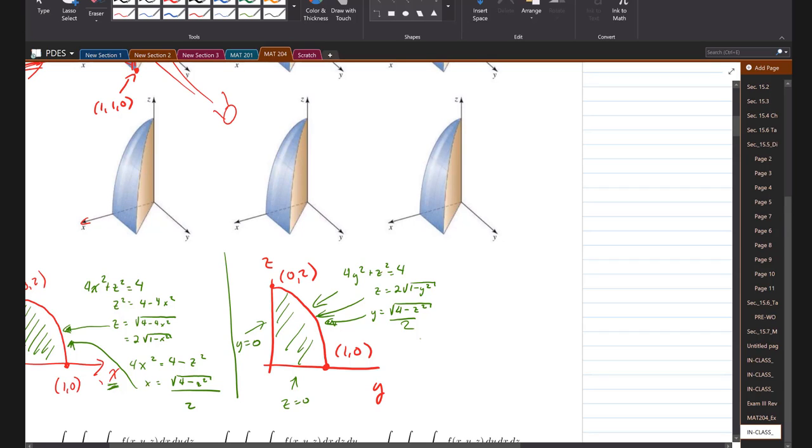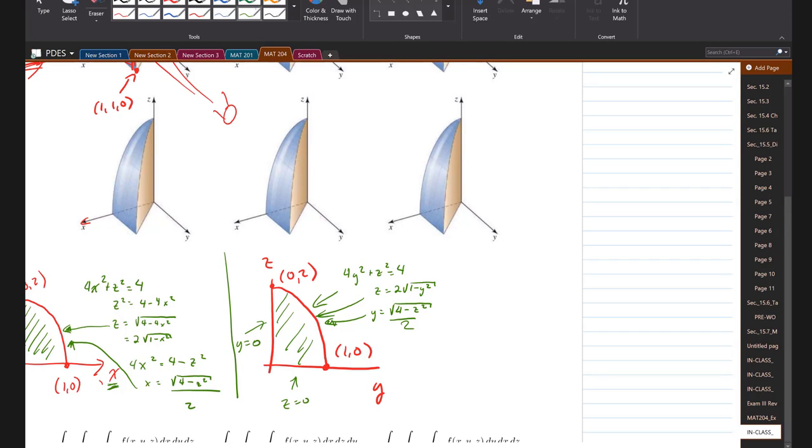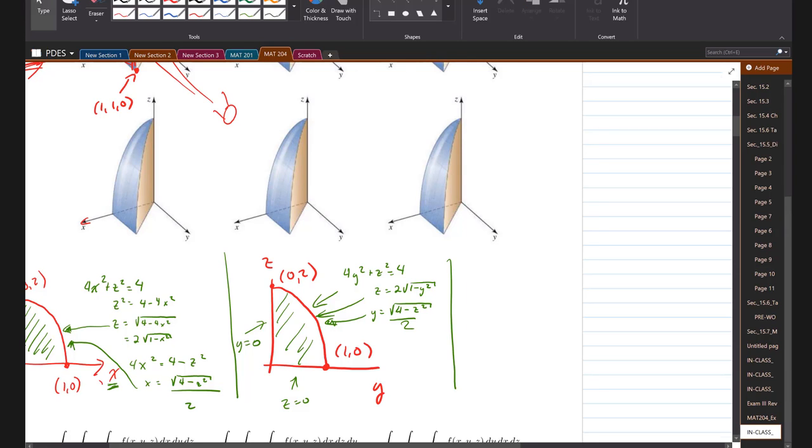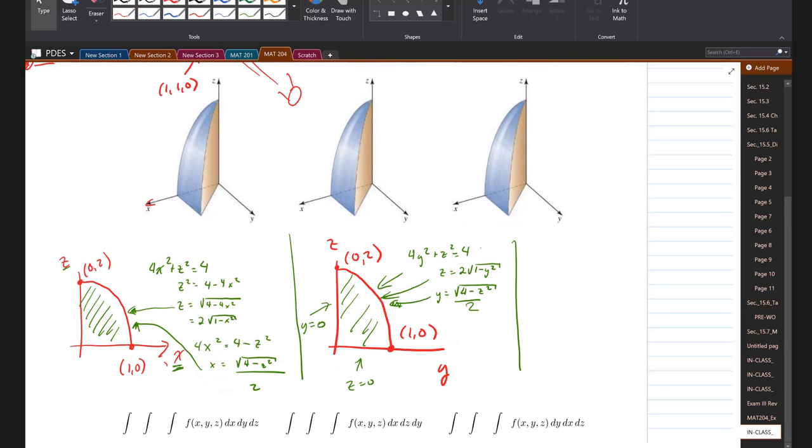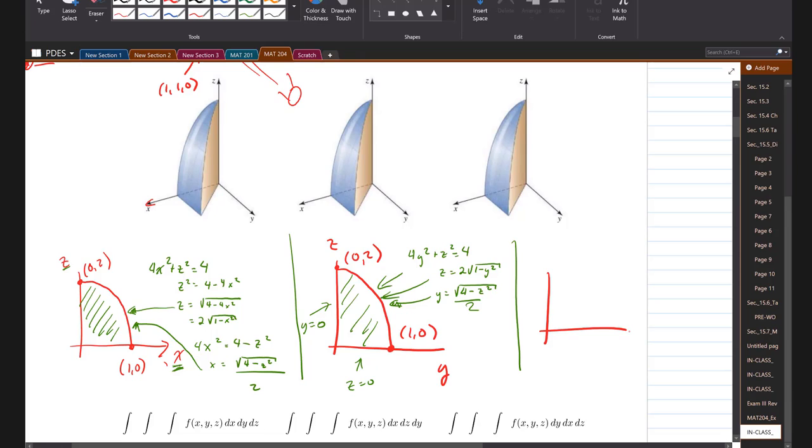All right. Great. Okay. So the last one then. Again, we're projecting this into the 3 different planes in our coordinate system, 3 different positive planes. So if we were to project this into the xy plane, notice of all of these, 2 of them, the shadows are sort of already there for this particular shape.